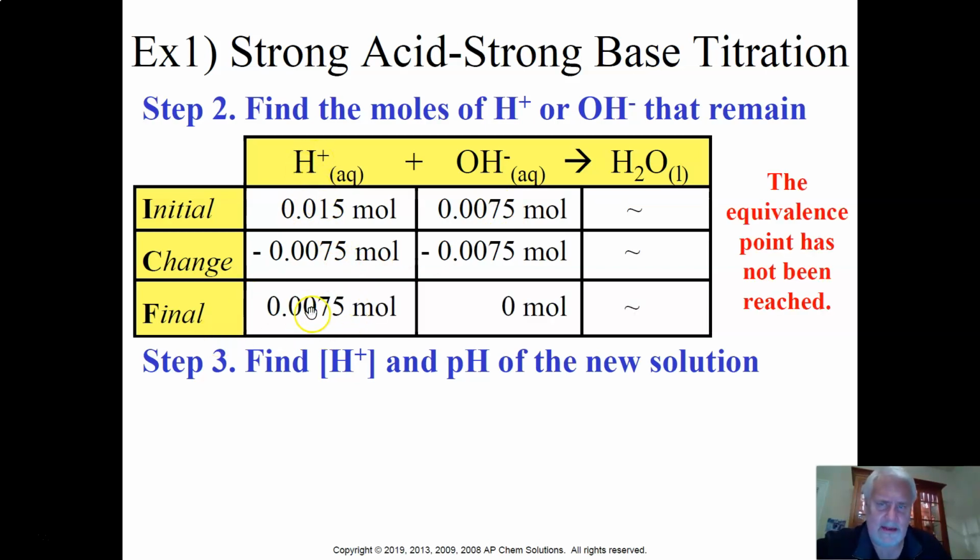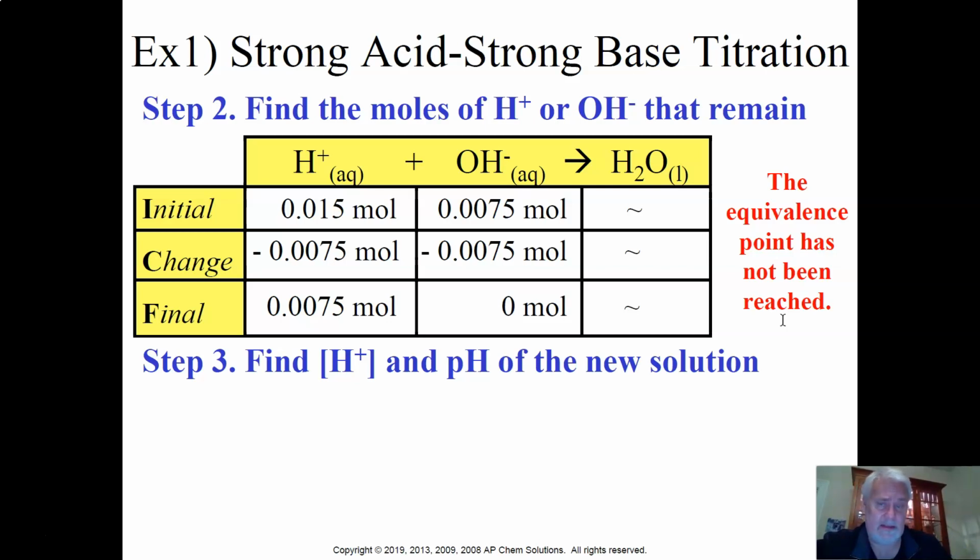And you can see that we end up with a little bit of extra hydrogen. All the OH is gone because it was the limiting reactant here. And the equivalence point has not been reached yet. All right? So we'll show you data that shows that.